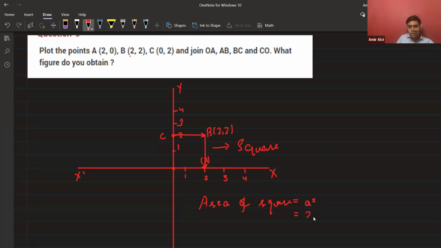Very good, 2 units. So the area is 2 into 2, which is 4 square units. Have you got this point? Is it clear? Any doubt? No. Very good. So these are the questions which come in coordinate geometry.